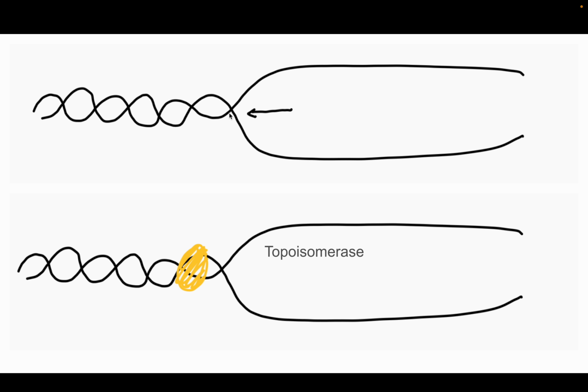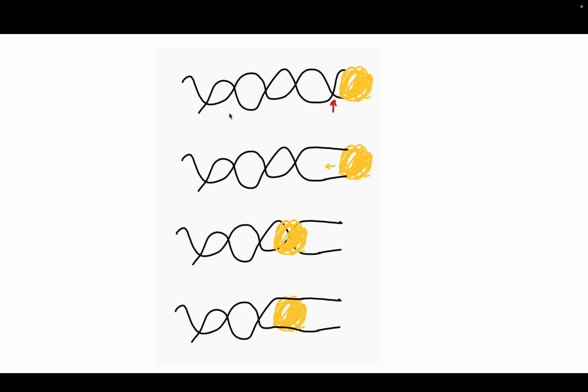And so that's why we have an enzyme called topoisomerase, which relieves this stress. Essentially what it does is it breaks the two DNA molecules, swivels them and reattaches them. So you'll notice it goes from here, breaks apart these two DNAs, swivels them so that they're sort of flat and not intertwined, and then it reconnects them like this.